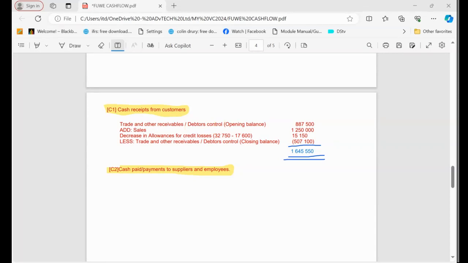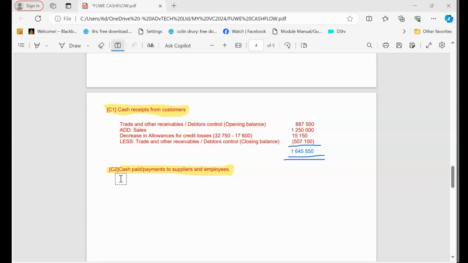What is the first thing that we wrote when we were doing that calculation? The trade and other receivables. So now we're doing the opposite. Now we're going to look for the trade and other payables.